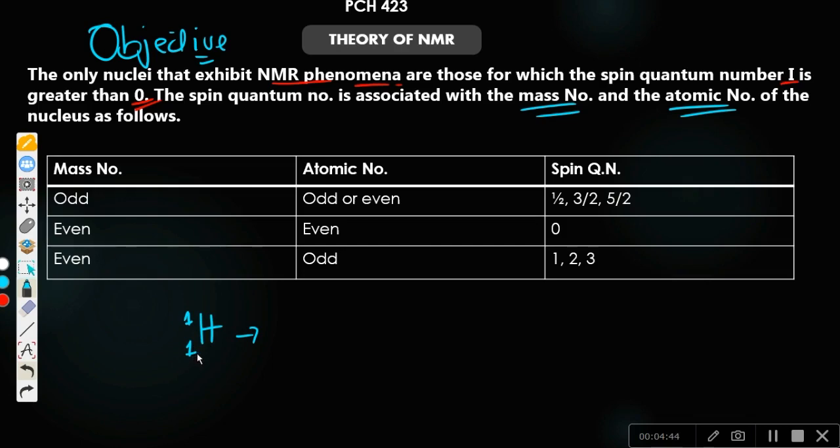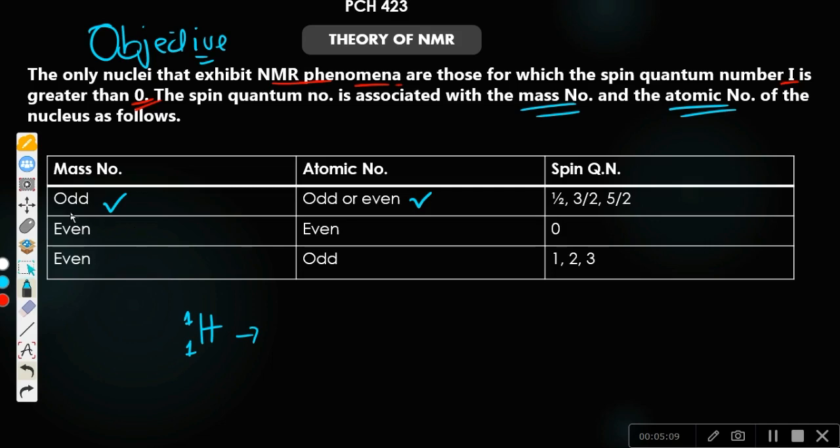In a situation where the mass number is an odd number, the possible spin quantum numbers that we can have are 1/2, 3/2, 5/2. This is not 1/2, this is half. This is 3 over 2. This is 5 over 2. Is that okay?